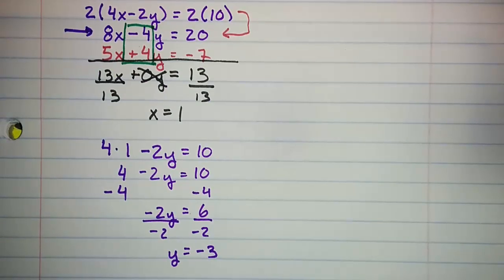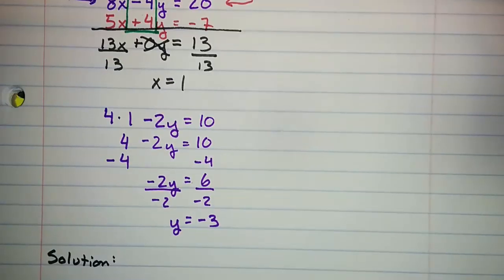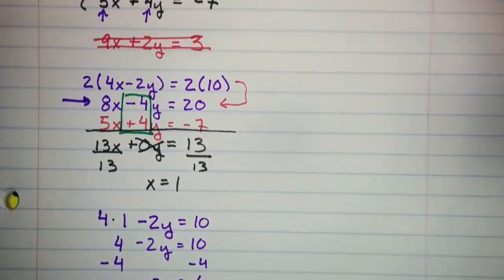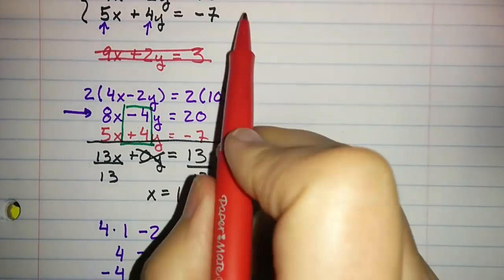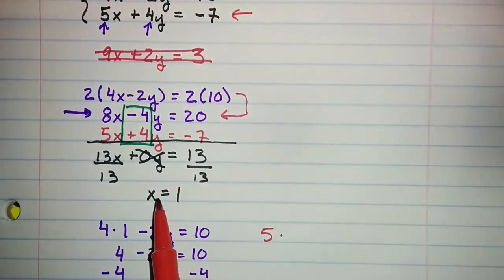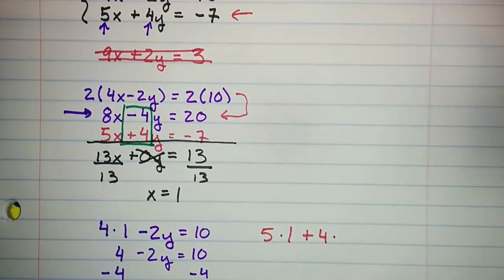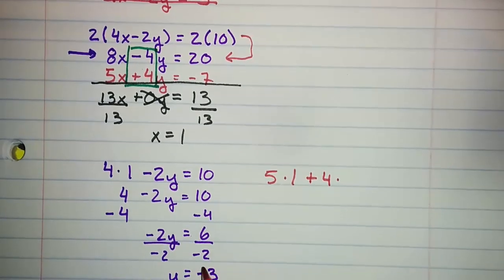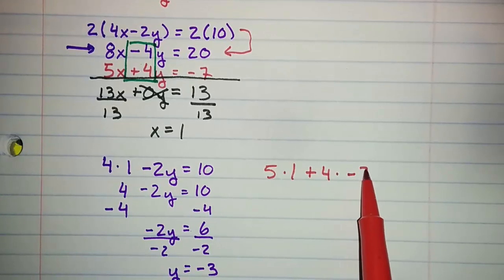Seems like our solution is 1 comma negative 3. Let's quick check and make sure by using this second equation. 5 times x is 1 plus 4 times y is negative 3.